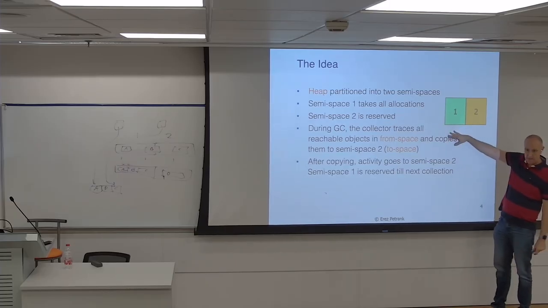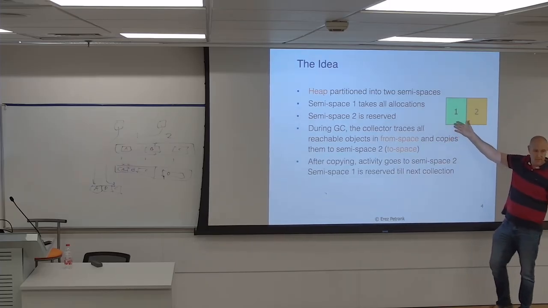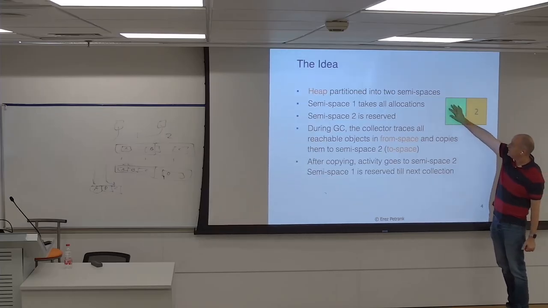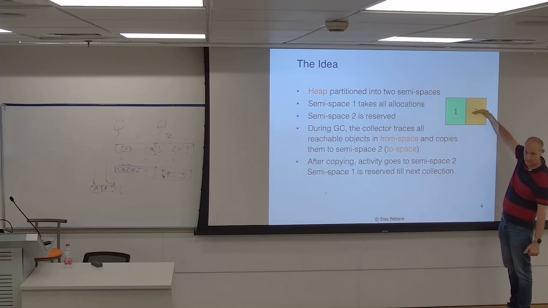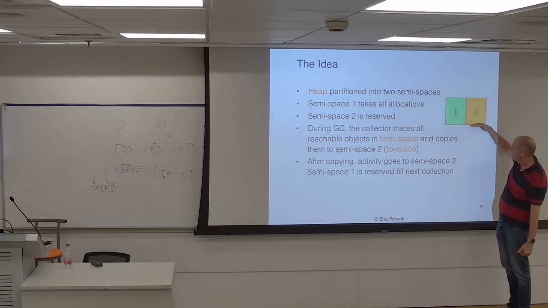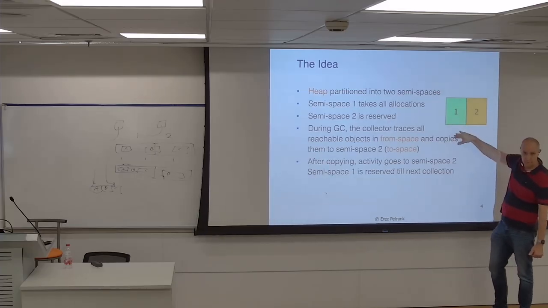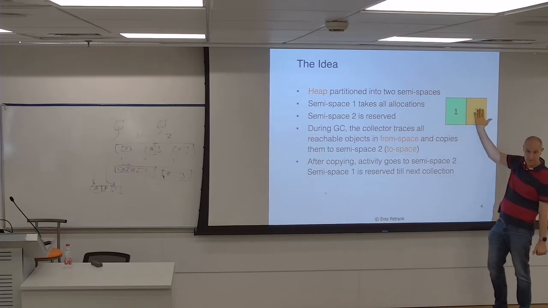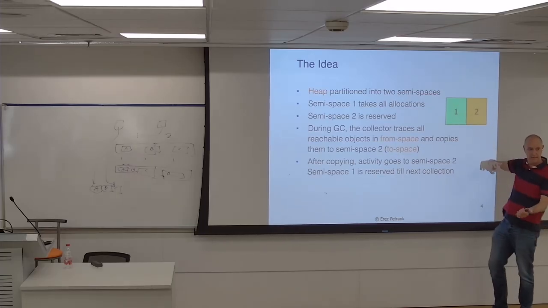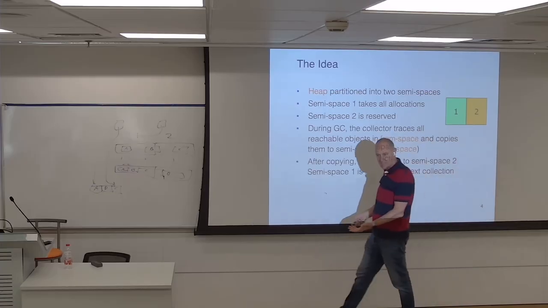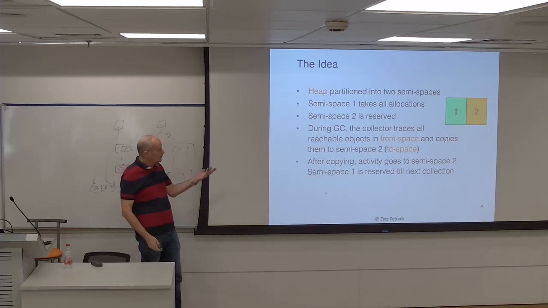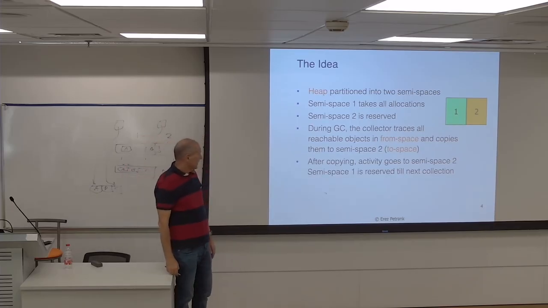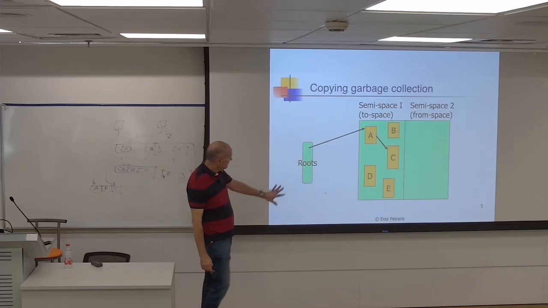And then when it's exhausted, we take all the live objects and copy them to space two, the other semi-space, and then we can allocate in the second semi-space. When that's done, we flip the roles and we copy from the second to the first. And so each time we have a reserved space for the next collection to copy into, and we just use it like that.